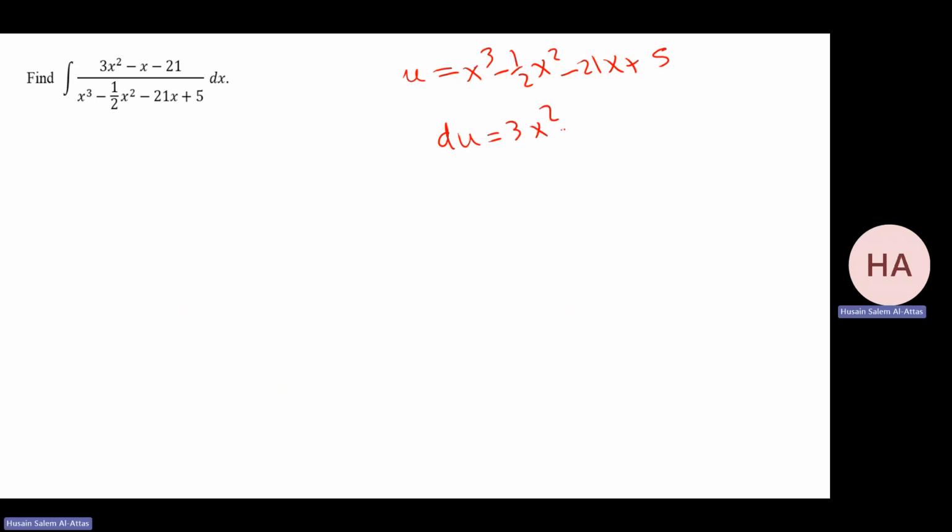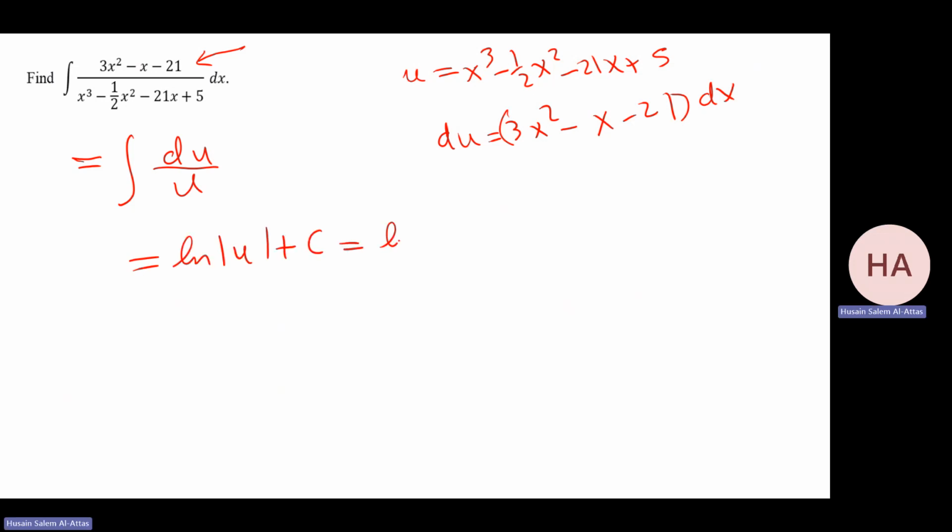It is 3x squared minus x minus 21, which is this one. So I have du over u. That's it. So be careful, I have du over u, so it will be ln of u plus c, and that will be ln of this. It seems to be very complicated.